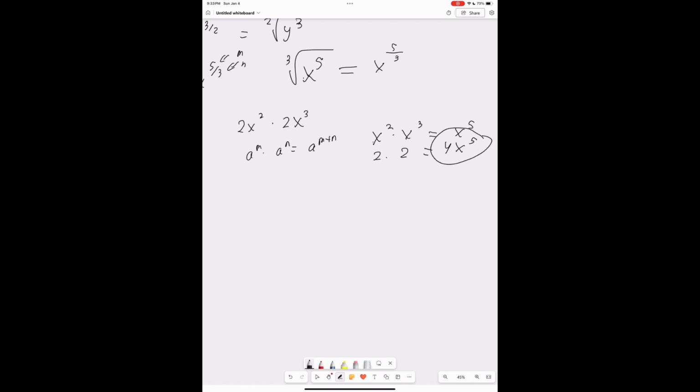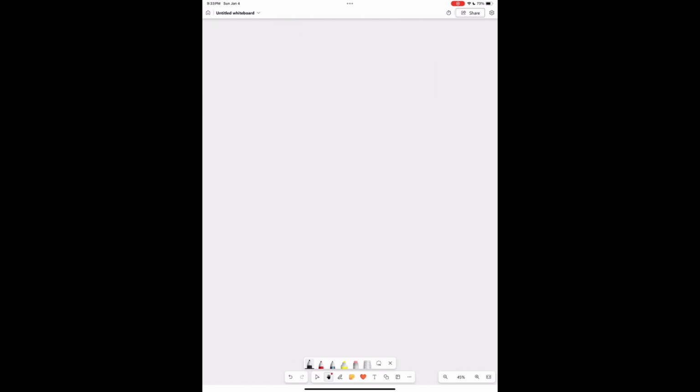Alright, so cool. Now let's try another one. Let's try x to the 4 times 2x to the negative third power. So what can we do here? Can we apply the product property rule?